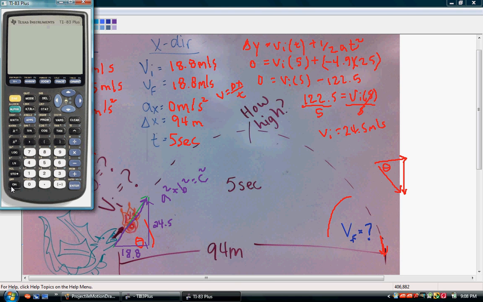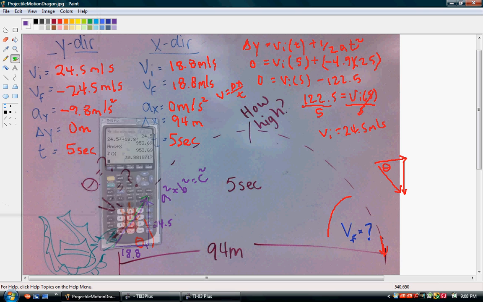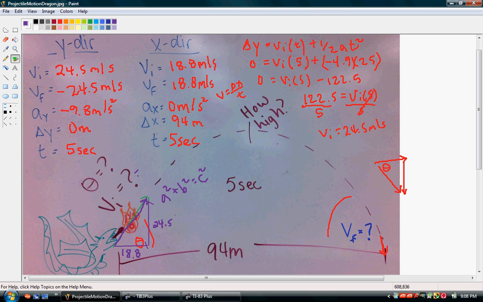So 24.5 squared plus 18.8 squared. And then I like to store that value as x and take the square root of x. And we get 30.9. So this is now 30.9 meters per second.